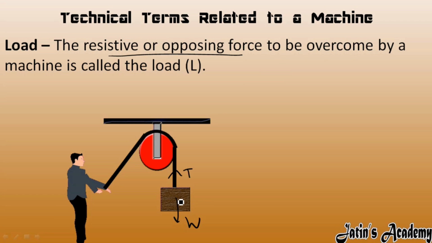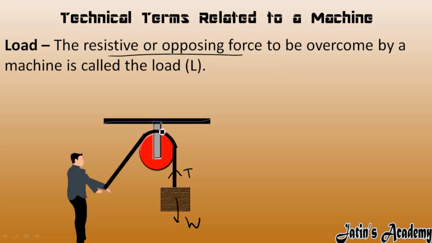This block wants to move in the downward direction, but this pulley or this man wants the block to move in the upward direction. So for this machine, this block is applying the resistive or opposing force. Both are in opposite directions.